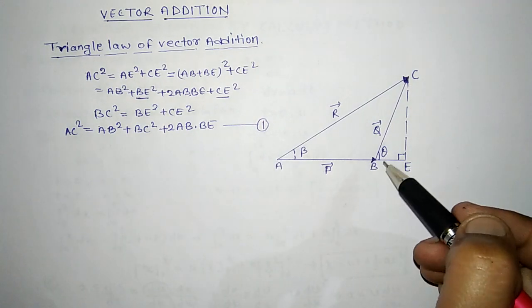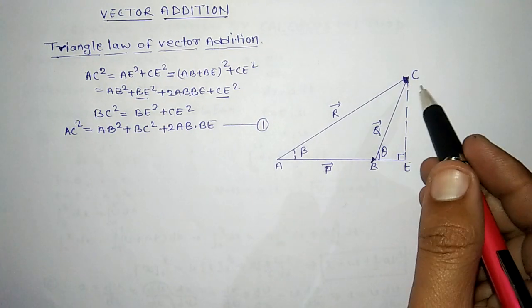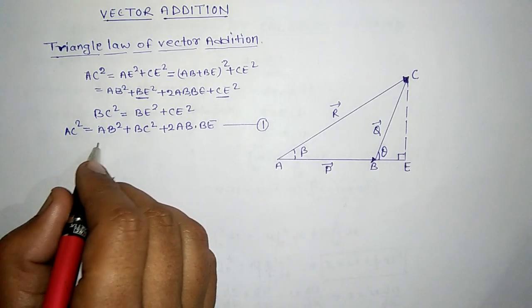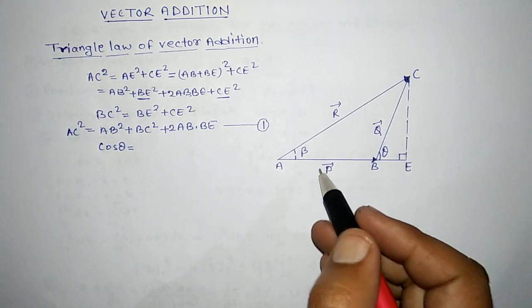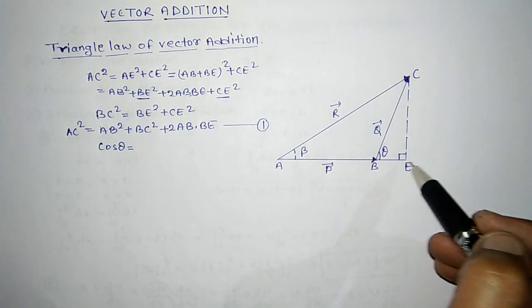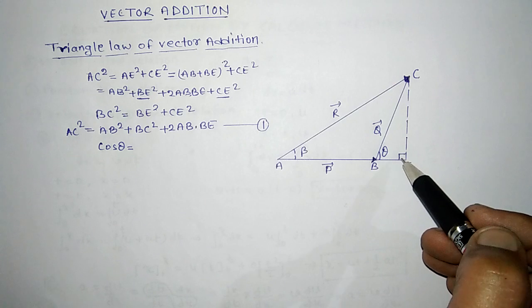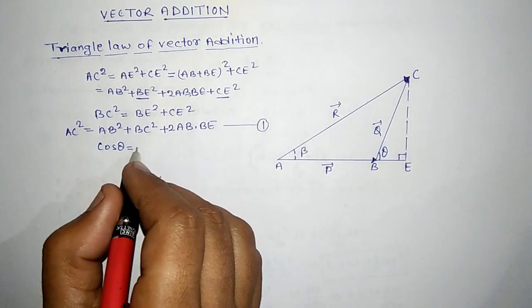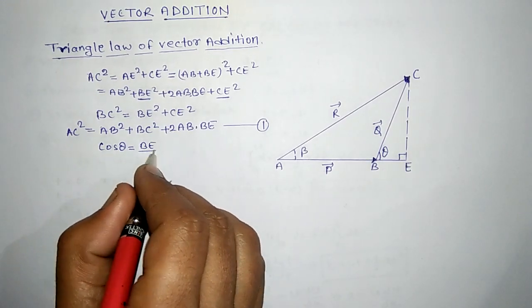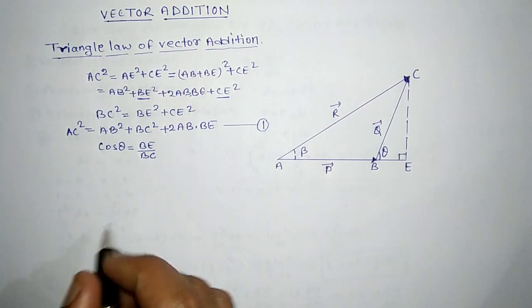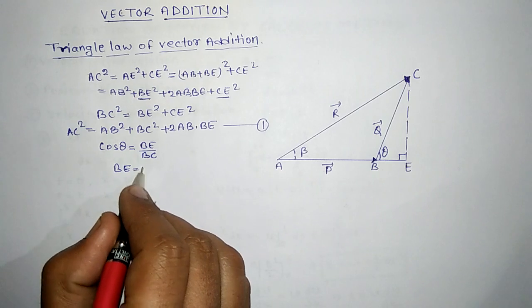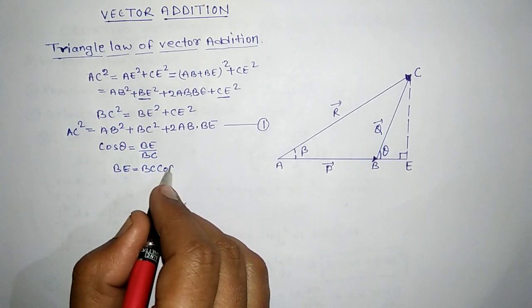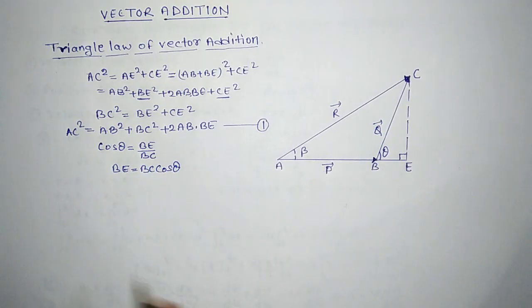Now from the right angle triangle BEC, if you calculate cos theta, then cos theta will be equal to BE upon BC. From here we can write BE as BC cos theta.